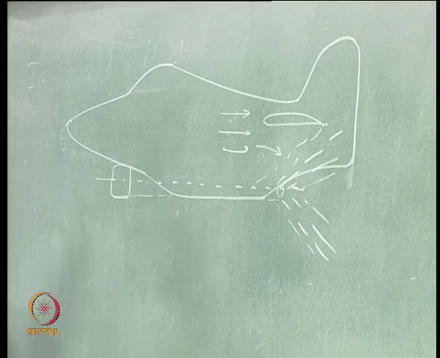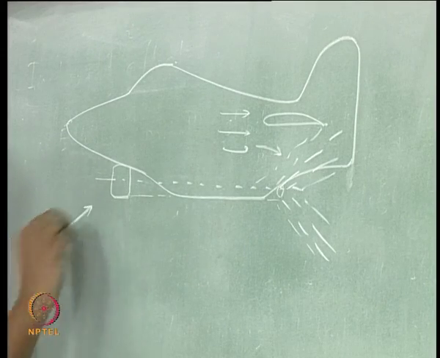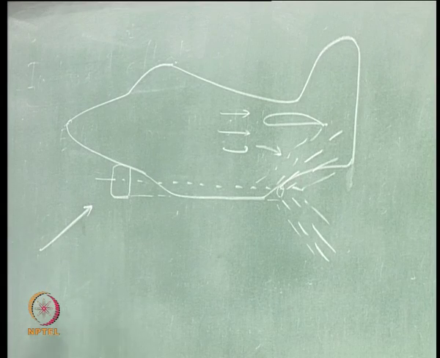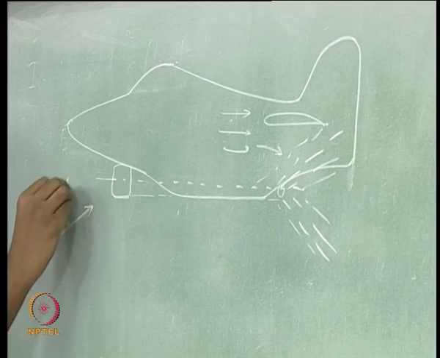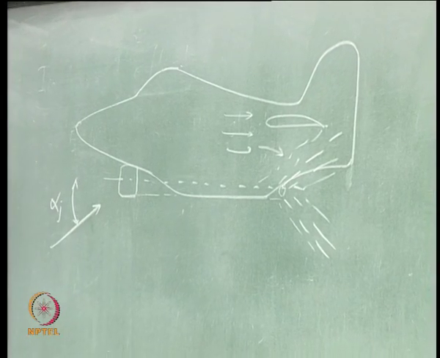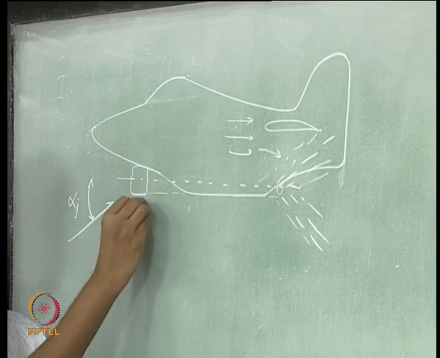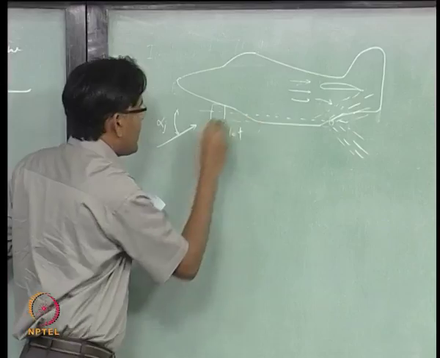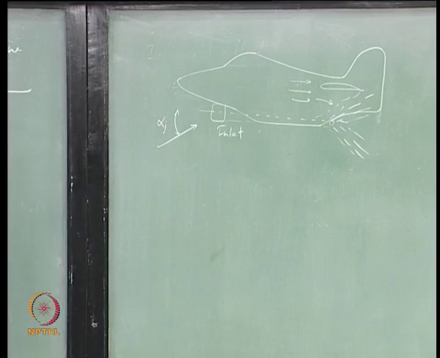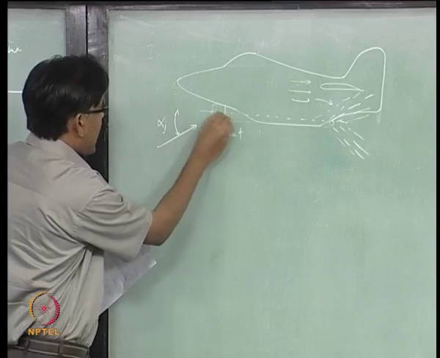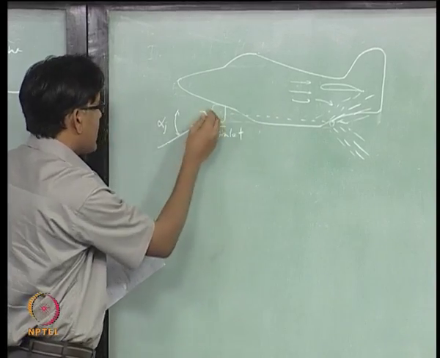So, what is this engine doing? It is taking air in, right. So, this can be at some angle of attack. So, this is the inlet of the engine, right, and this line is the duct axis.